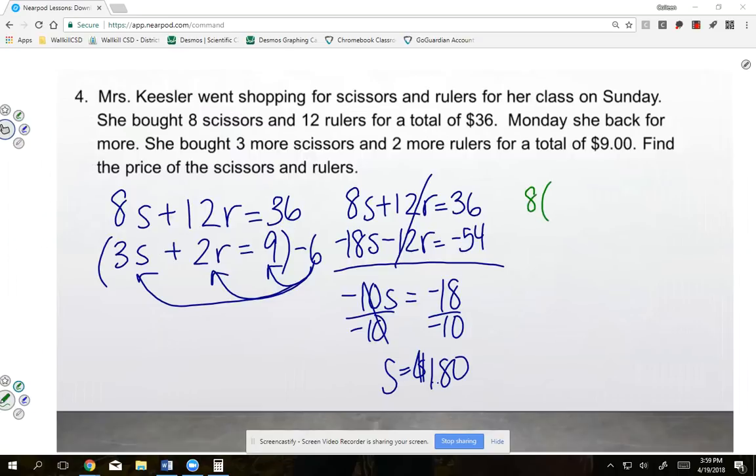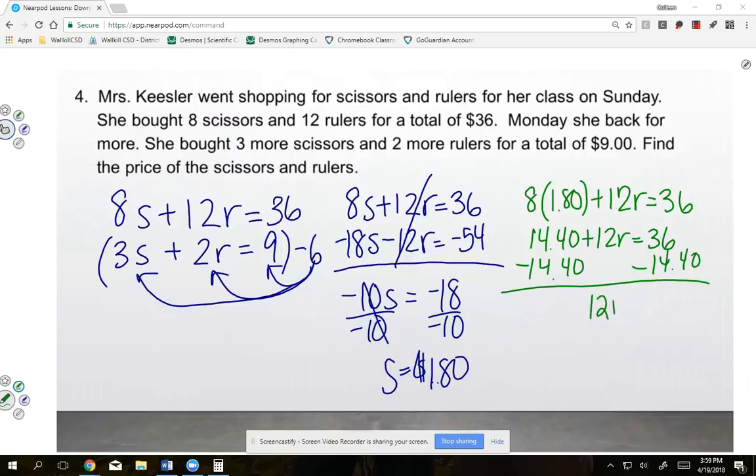So we do 8 times $1.80 plus 12R equals $36. And 8 times 180 equals $14.40 plus 12R equals 36. Subtract the 1440.